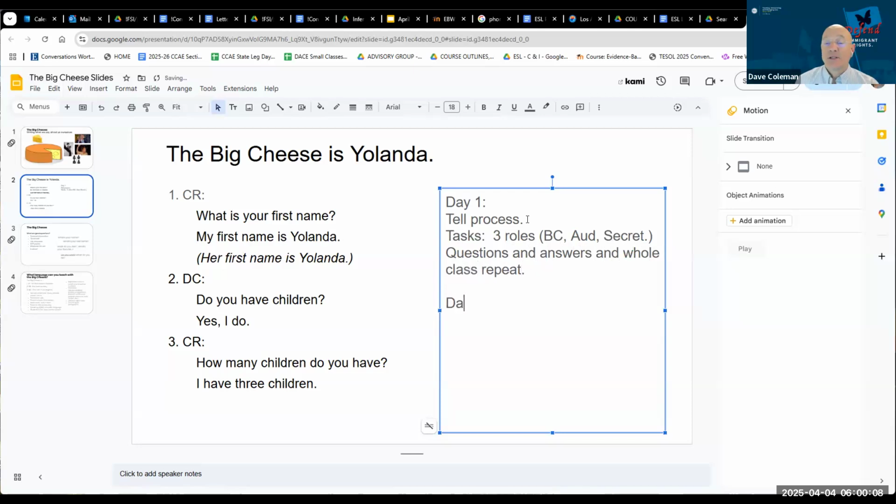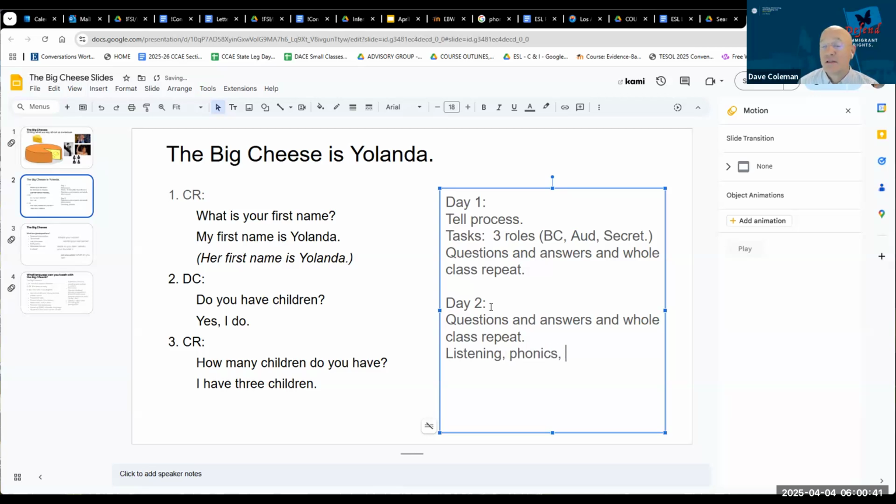So that's it. So day 2 is going to be, we're going to start with what we finished with the first time. And then we're going to focus on something, maybe some listening, maybe some phonics, maybe listening and phonics and vocabulary.